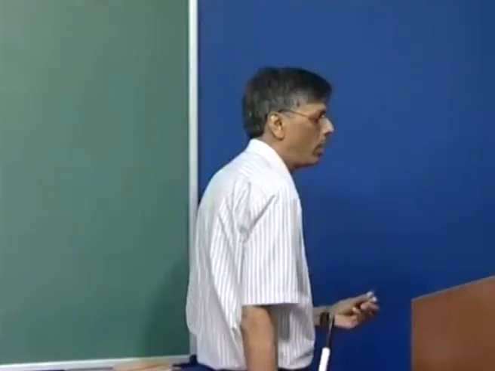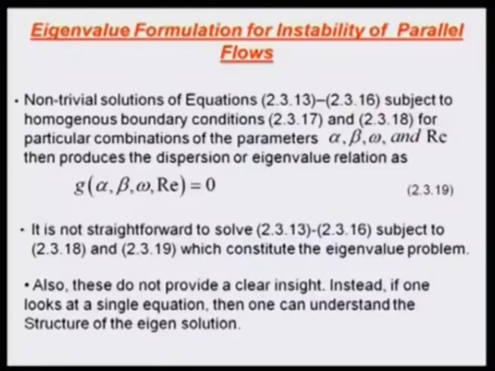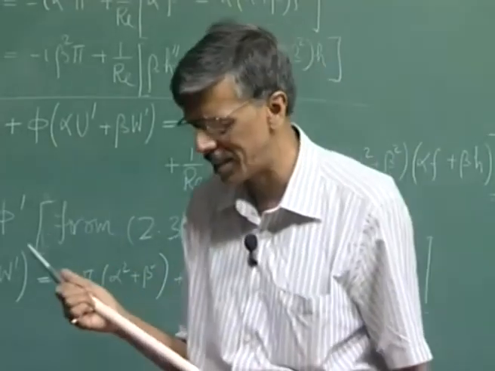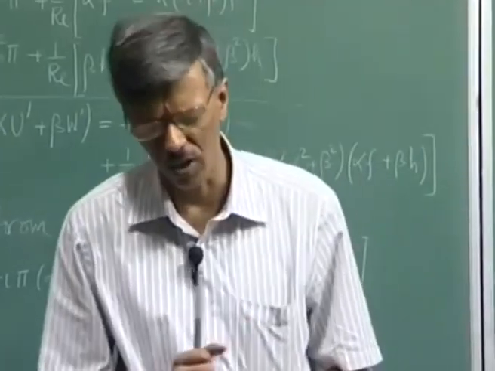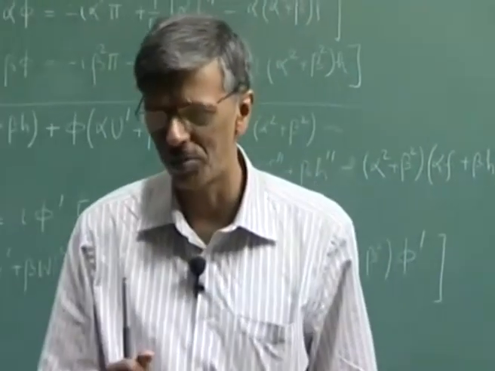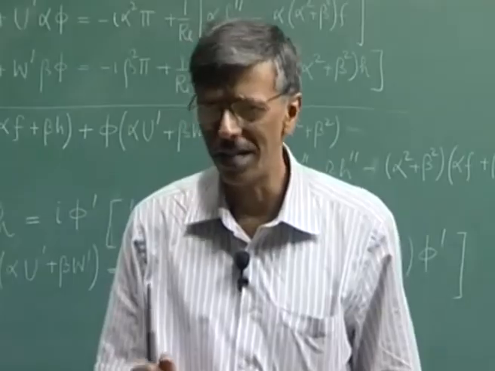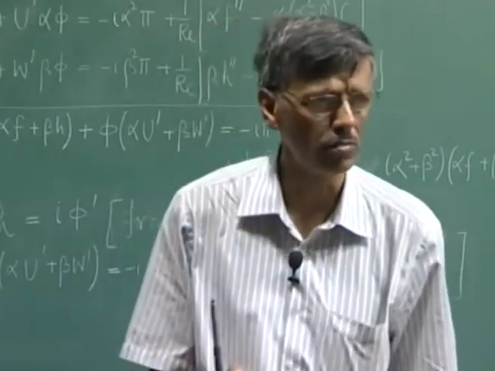Right. We will demystify this eigenvalue concept shortly, but in general, mathematically speaking, if I have a homogeneous equation with homogeneous boundary condition, the natural solution is the trivial solution.